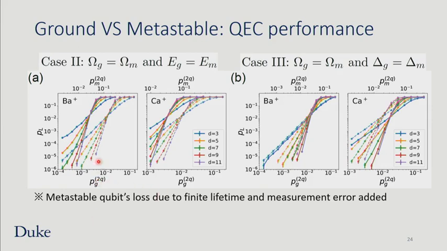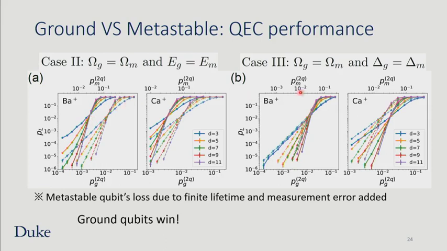So how you read this plot is the vertically aligned ground qubit physical error rate and metastable qubit error rate corresponds to this case. So if you look at case 2, ground qubits, dashed lines, are below metastable lines, which means that ground qubits win. All the advantage from erasure conversion is gone.